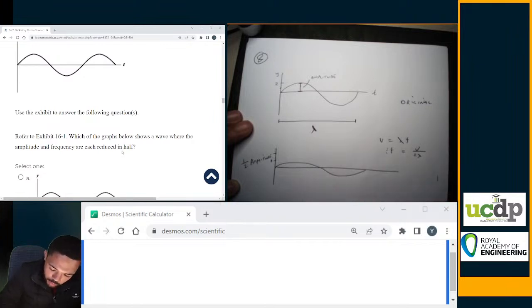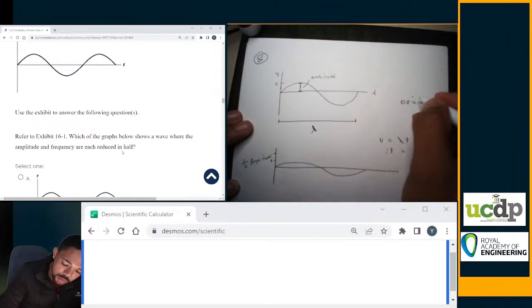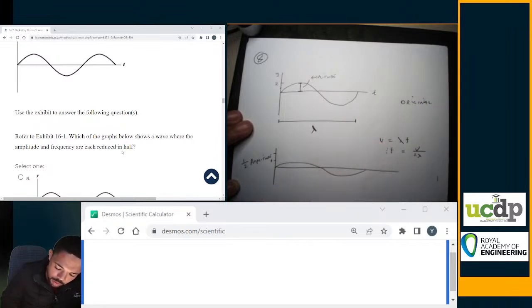So this is the original, then we halved the amplitude, now we are halving the frequency, meaning the wavelength doubles, meaning this is what we will get now for this particular wave of ours.